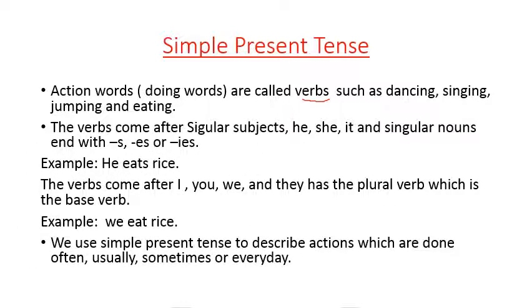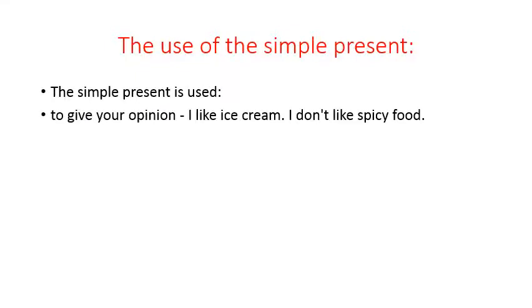We use simple present tense to describe actions which are done often, usually, sometimes or every day. There are particular places we can use simple present tense. So now let's see where we can use simple present tense. Simple present tense is used to give your opinion.